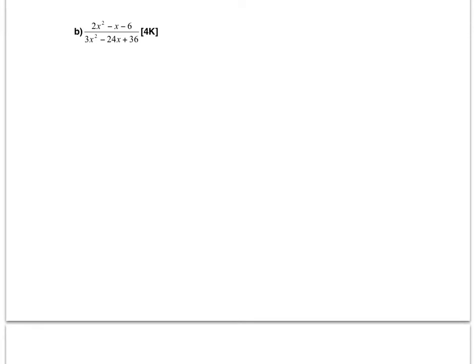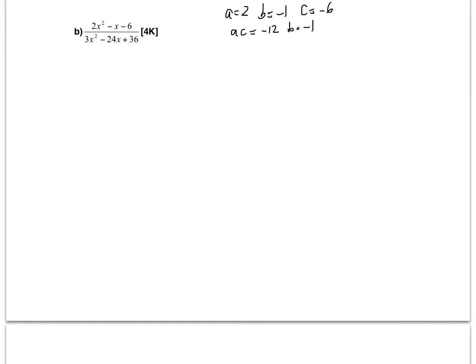In the numerator, the coefficient a is equal to 2, b is equal to negative 1, and c is equal to negative 6. So ac becomes 2 times negative 6, which is negative 12, and b is negative 1.